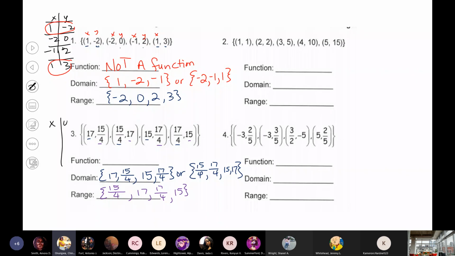So here I'm going to write a table so you can see what I'm talking about. I have 17 mapping to 15 over 4. 15 over 4 is mapping to 17. 15 mapping to 17 over 4. And 17 over 4 is mapping to 15.